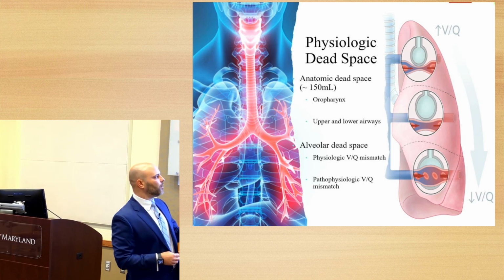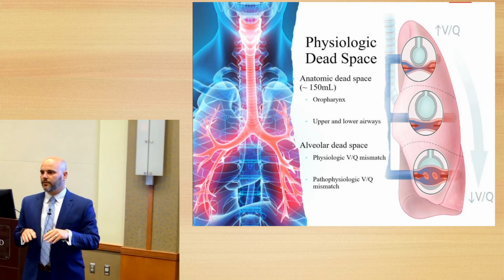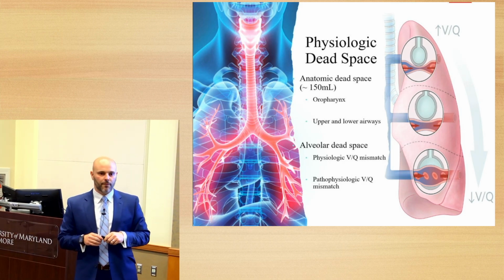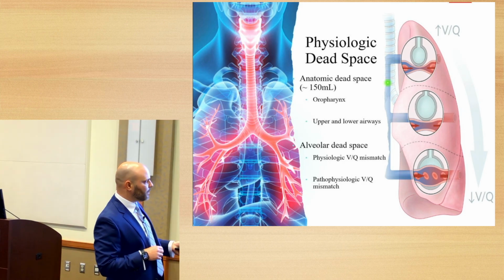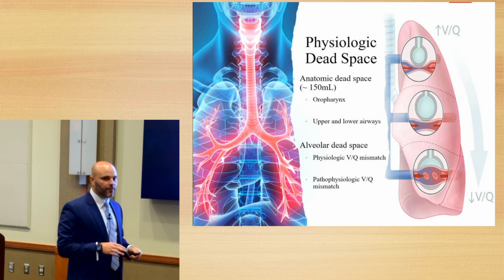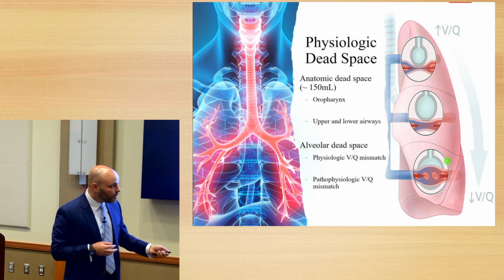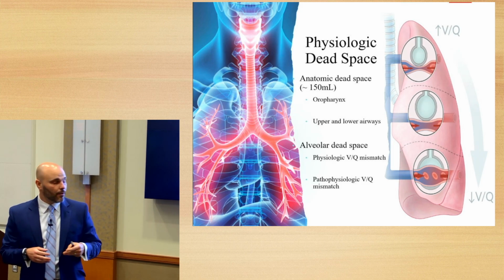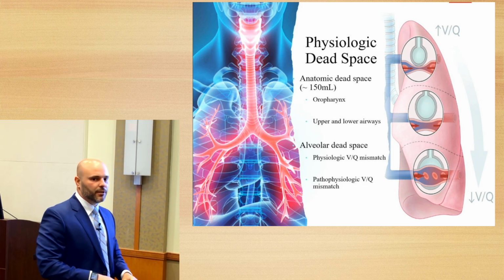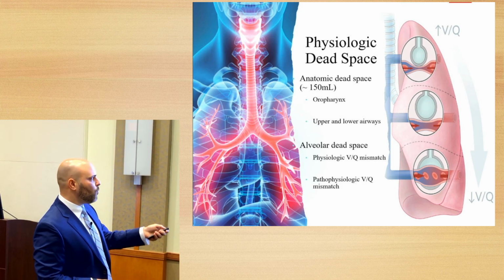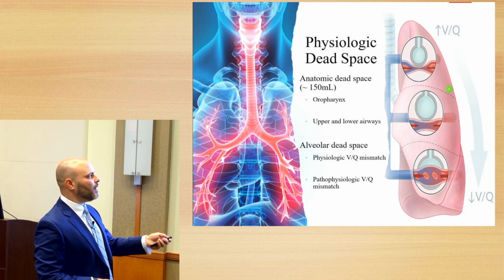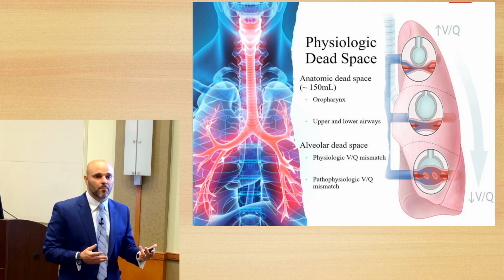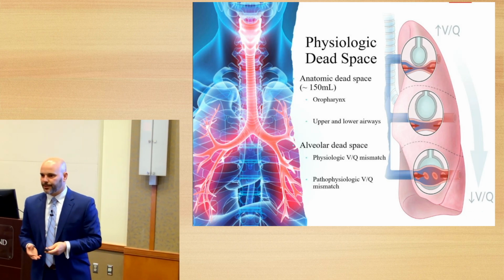In the middle portion of our lung, it's a little more equilibrated, so we have a relatively stable VQ matching. And then at the base of the lungs, both ventilation and perfusion actually increase, but perfusion increases dramatically relative to ventilation, so your VQ ratio actually decreases. So depending on where the physiologic disturbance is within our lung can impact our end-tidal CO2.